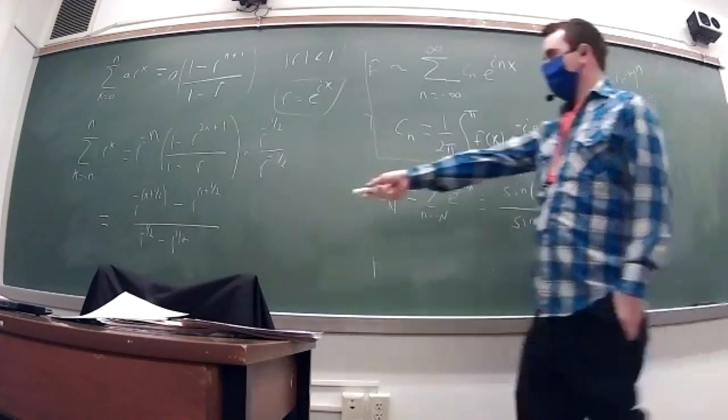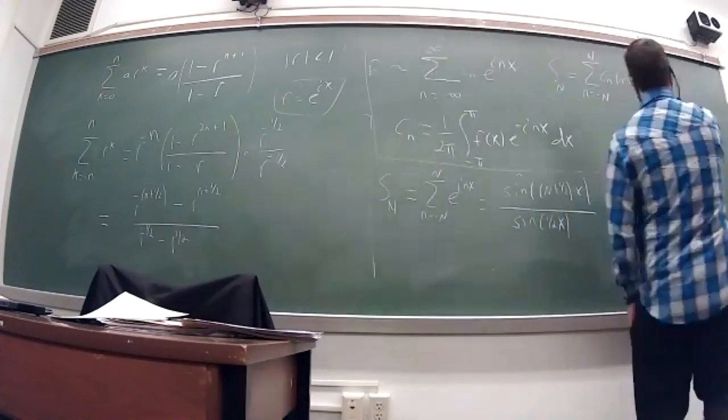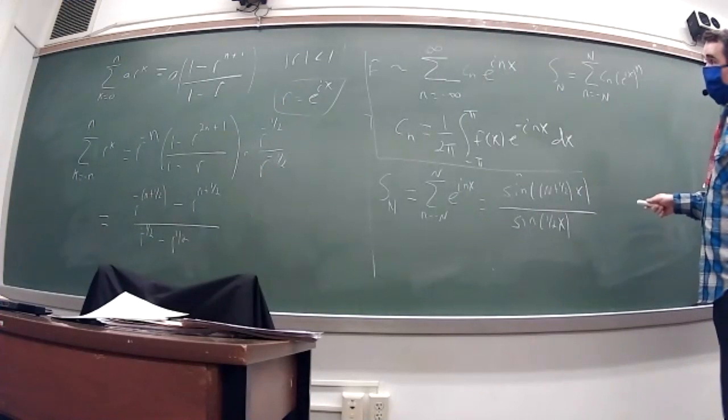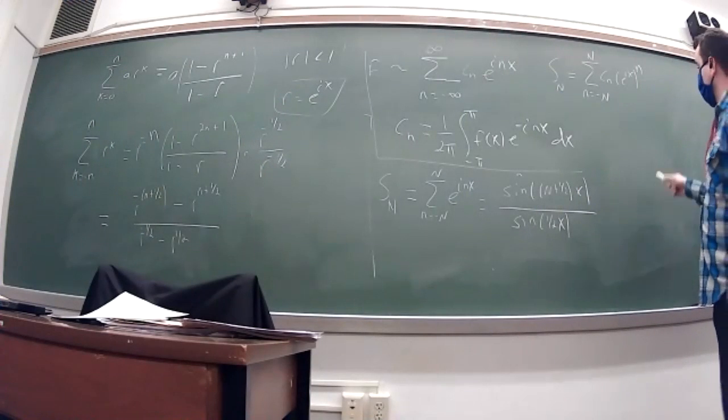Let's look at the denominator first. So this is e to the ix to the minus 1/2.